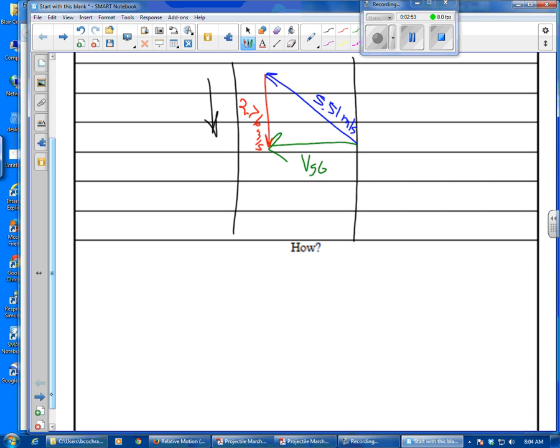In my how, I'm going to write it this way: the velocity of the swimmer relative to the water plus the velocity of the water relative to the ground equals the velocity of the swimmer relative to the ground.